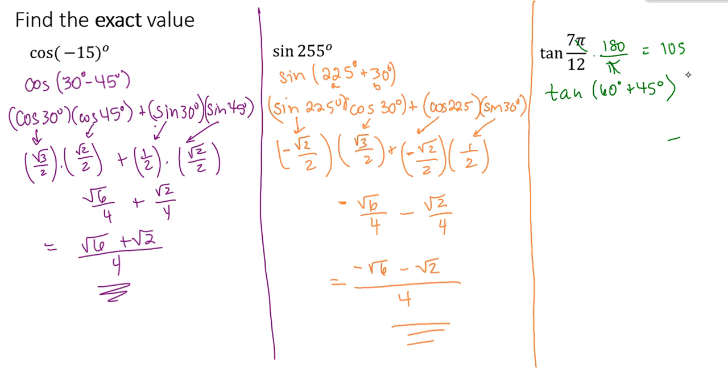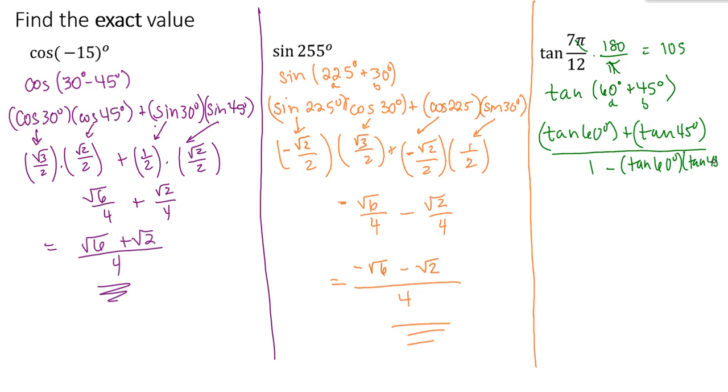Formula then says, this is our A, that's our B, to take the tangent of 60 plus the tangent of 45 all over 1 minus A, so the tangent of 60 times the tangent of 45.